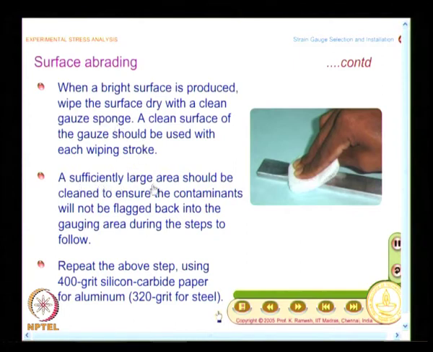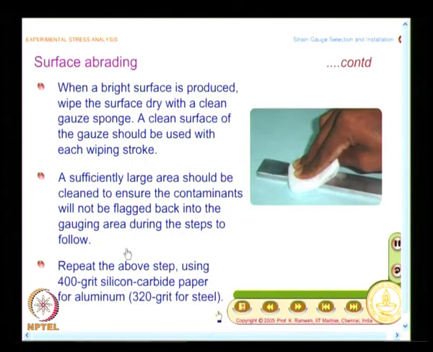A sufficiently large area should be cleaned to ensure the contaminants will not be dragged back into the gauging area during the steps to follow. See, this is very important. This is one of the initial cleaning processes. The initial cleaning process should be on a larger surface. Finally, you may want to do strain gauge only on a small localized area, but in the process of cleaning you should not bring in contaminants from outside the area.